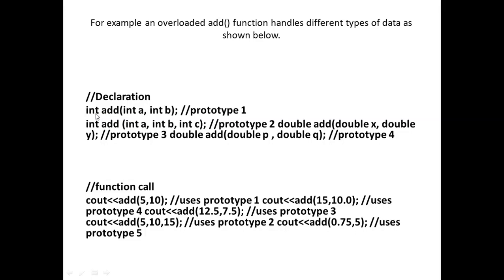Instead of int, we can write double add, double a, double b. Otherwise int add, int a, int b, or int add, int a, int b, int c, or double add, double p, double q, and double r. So the same name add is used, but the arguments are changing as well as the data types. This is the function declaration and function calling.